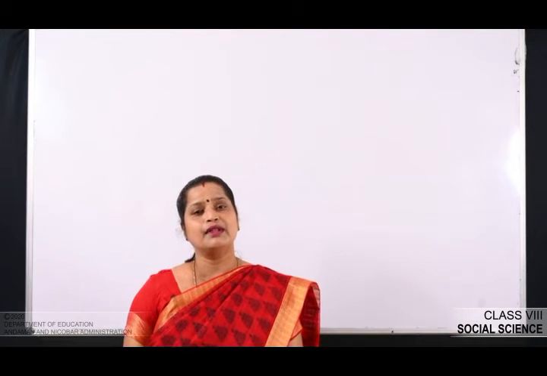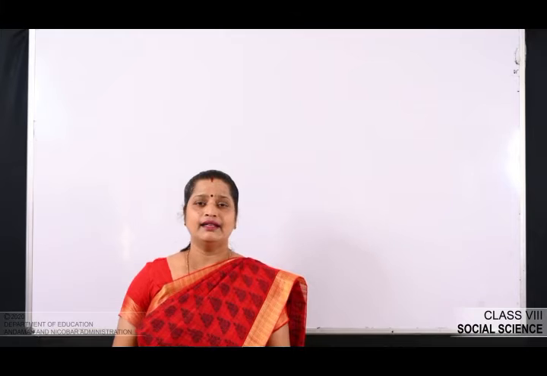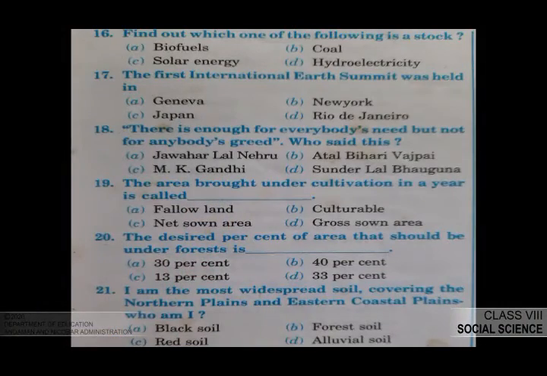I hope that I could make you understand each and every line of this chapter, and to check your comprehension there are some questions. Just have a look on your screen. Find out which one of the following is a stock. Your options are biofuels, solar energy, coal, hydroelectricity.